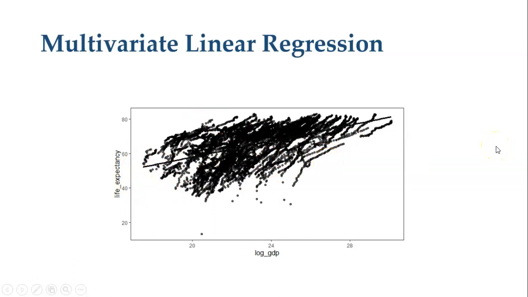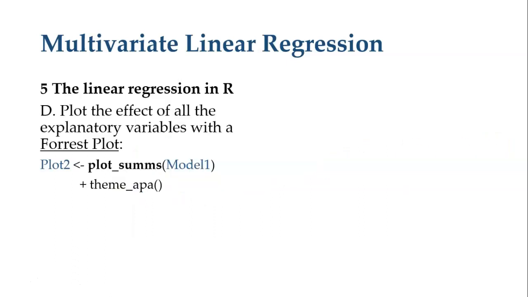Okay, that's nice. And the final kind of plot that I want to teach you is the forest plot. The forest plot can replace the table of summary of results, and it's very powerful to some extent because you can put all the explanatory variables of interest in just one figure. So it's a great kind of plot.